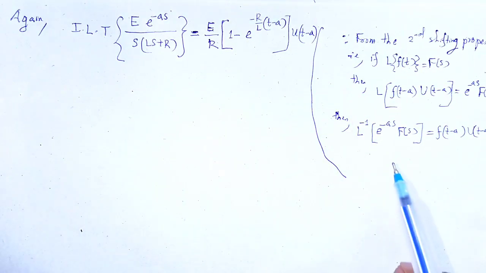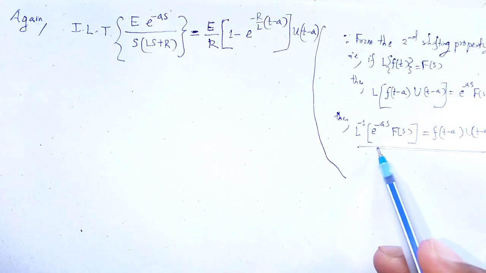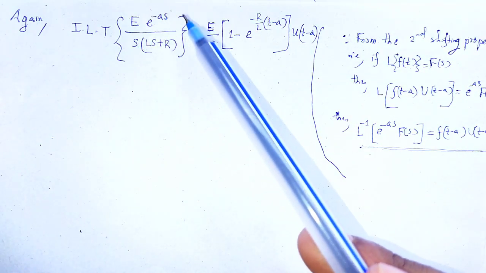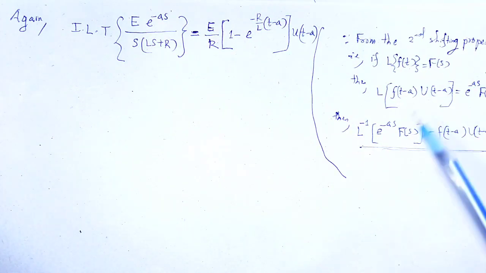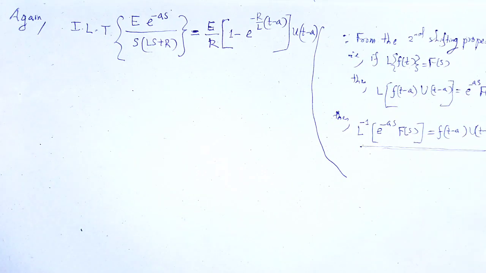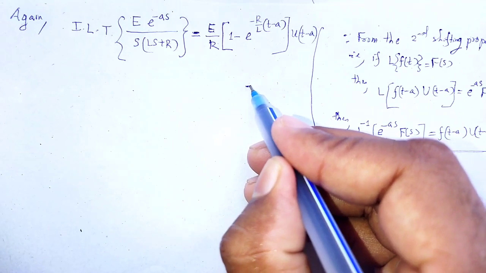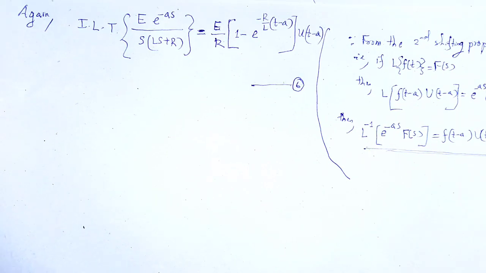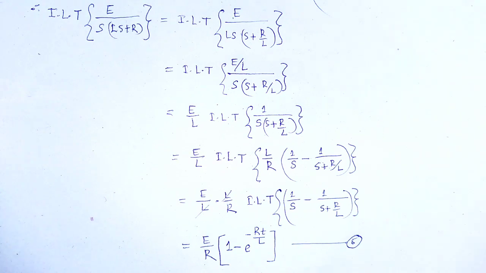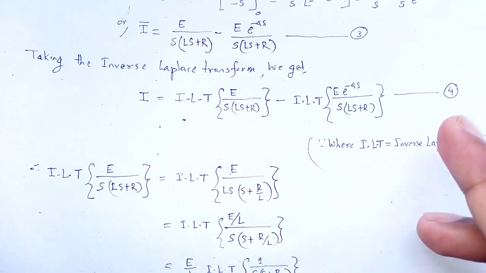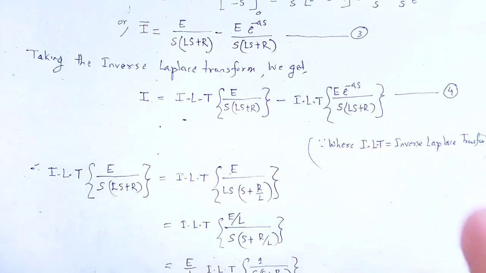Okay, that property is used here to evaluate the inverse Laplace transform of that particular term. We name it equation number 6. From equation number 5 and equation number 6, these two values are put in equation number 4 to calculate I.